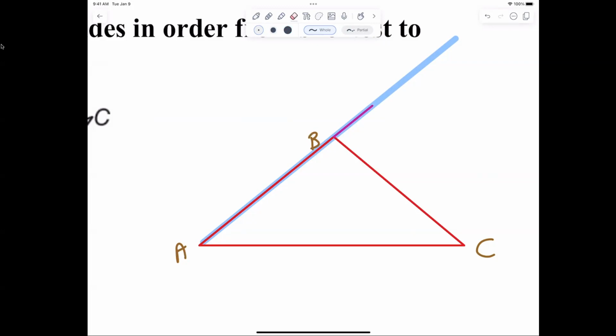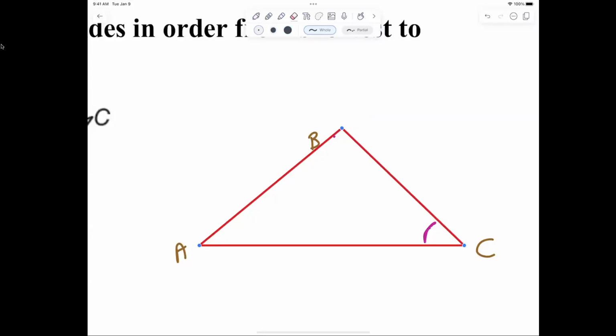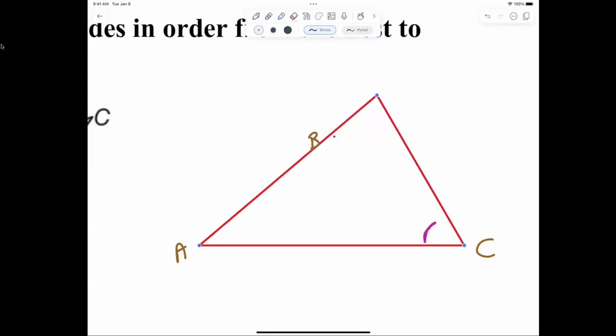What I'm trying to show you is that side AB is dependent upon what? It's dependent upon this angle. The bigger I make this, oh, now it's not working. All right, let me start over. As I lengthen this, do you see angle C is getting bigger?